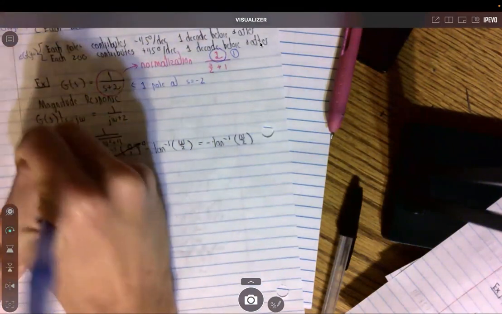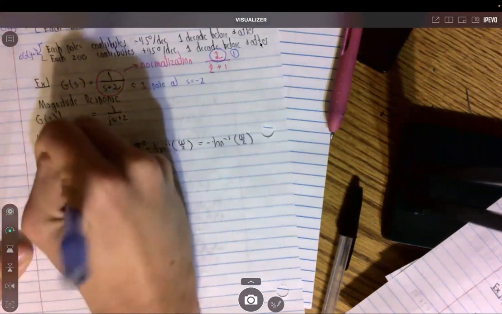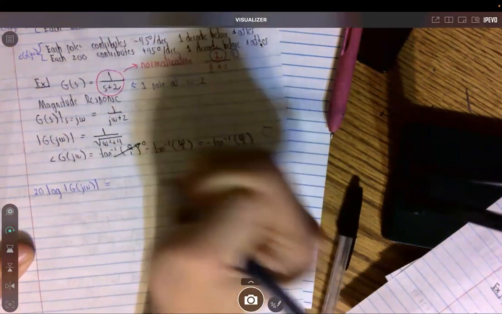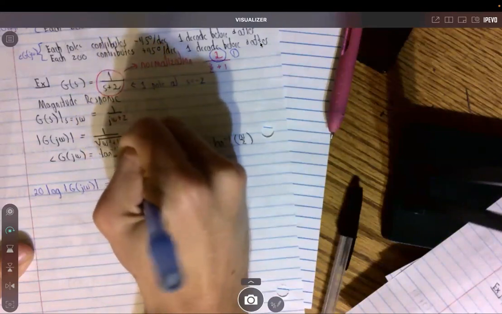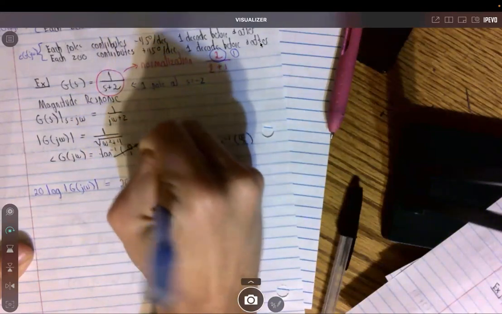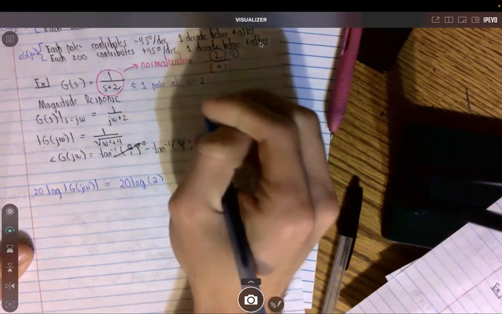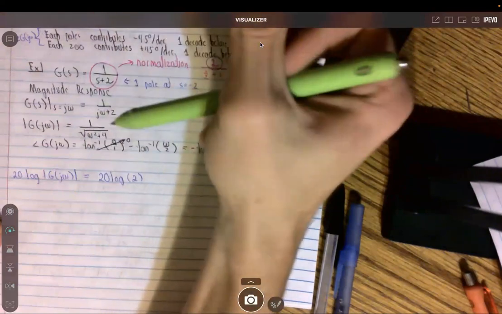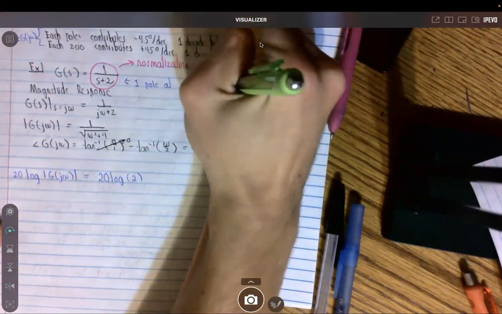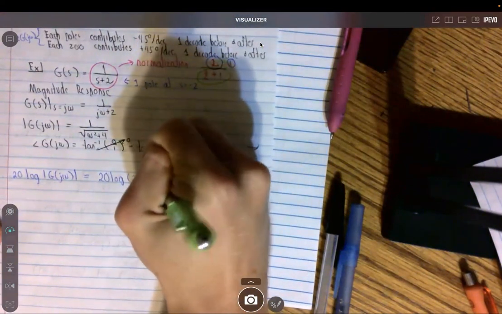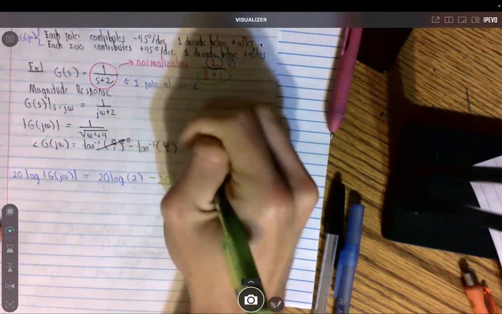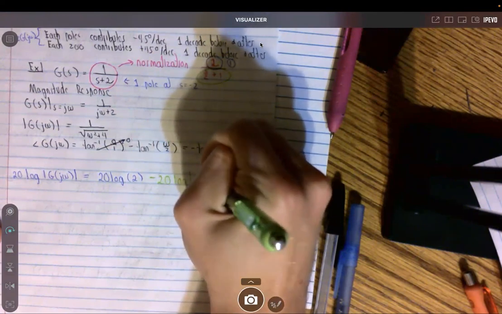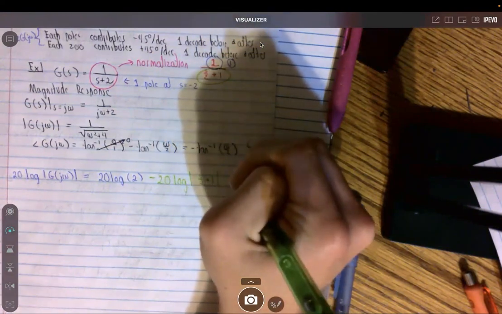Remember, your magnitude plot is in terms of 20 log of G(J omega). So the numerator is 20 log of 2. And then in your denominator, it's going to be minus 20 log, because it's in the denominator, of s over 2 plus 1.